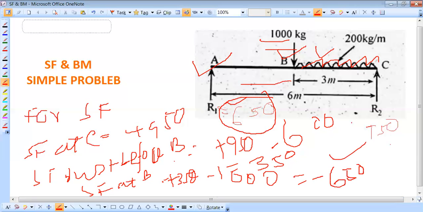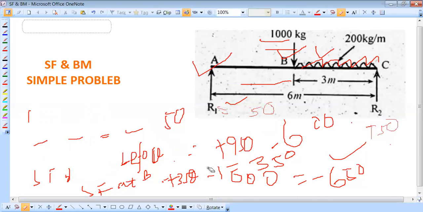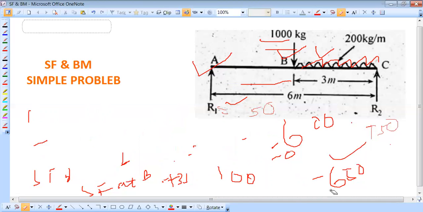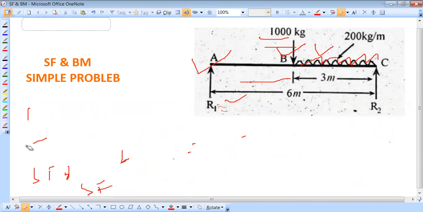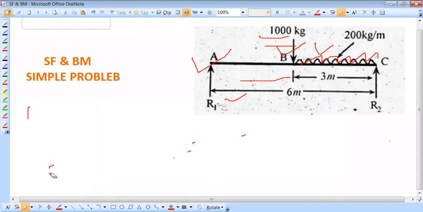Then find out the BM. Let's see how we can find out the value of BM.